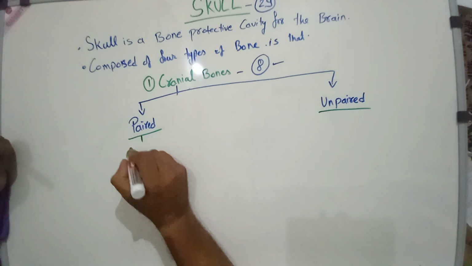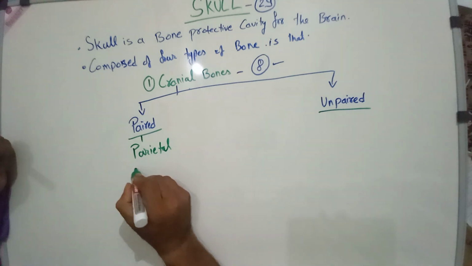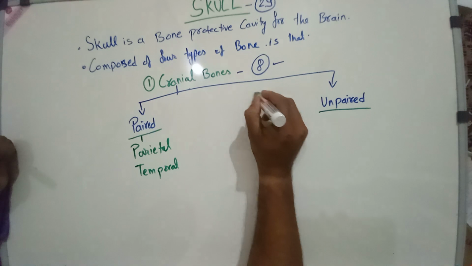Paired bones are two: parietal and second one is temporal, like this.